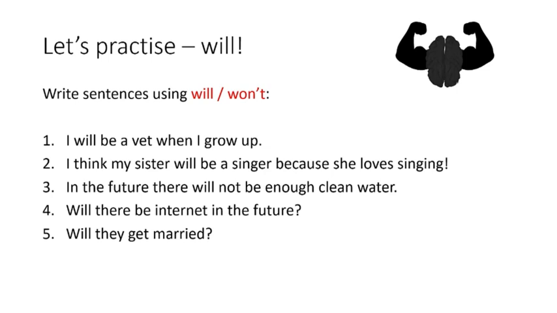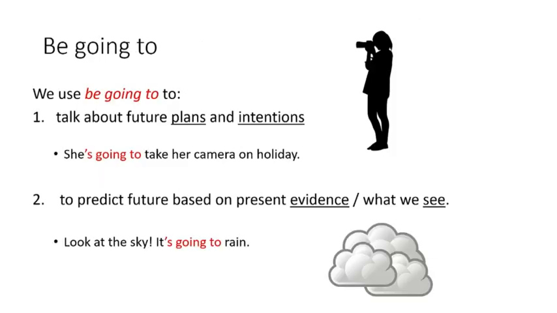Okay, so that's it. We're done with will. Now let's talk about be going to. Be going to is used to talk about our future plans and our intentions. For example, she's going to take her camera on holiday. So this is her plan.